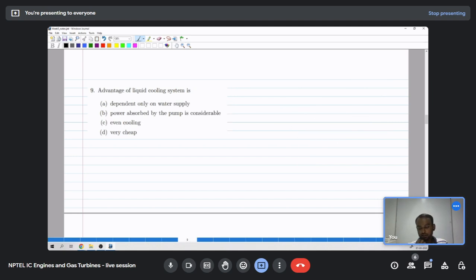Next question. Advantage of liquid cooling system: dependent only on water supply, power absorbed by the pump is considerable, even cooling, or very cheap. Can someone answer this?